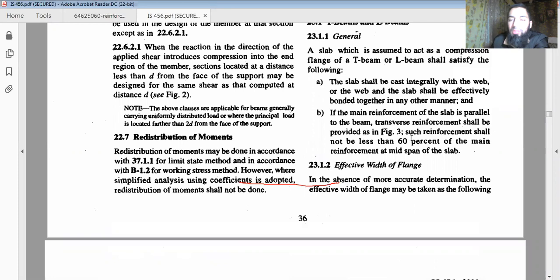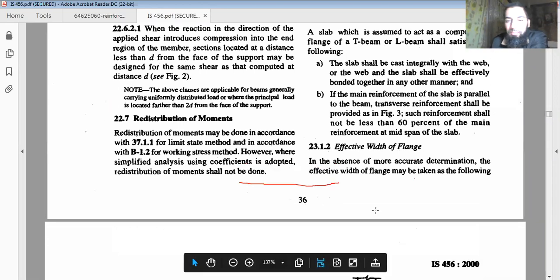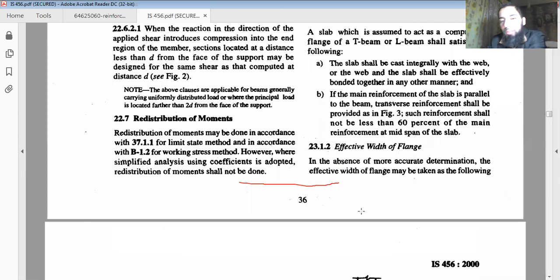Transverse reinforcement shall be provided as shown there. Such reinforcement shall not be less than 60% of the main reinforcement at midspan of the slab. So this reinforcement that you have to provide should not be less than 60% of the reinforcement provided at the midspan of the slab. When we do slabs, then you will come to understand how you provide the main reinforcement of the slab, which is the tension reinforcement of the slab, like you have in the beam. Just as we provide tension reinforcement here, similarly we provide it in the slab also.